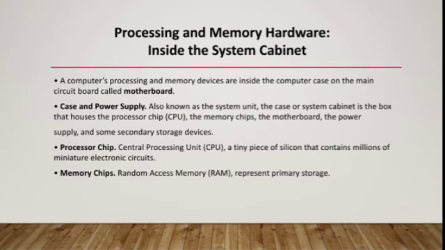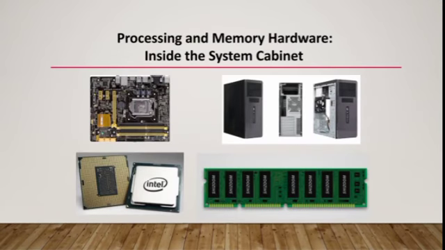Memory chips or the random access memory represents the primary storage and is also an integrated circuit with millions of capacitors and transistors that can store data or can be used to process code. These are the processing and memory hardware examples. Sa pinakauna sa left side ay yung main circuit board or the motherboard.